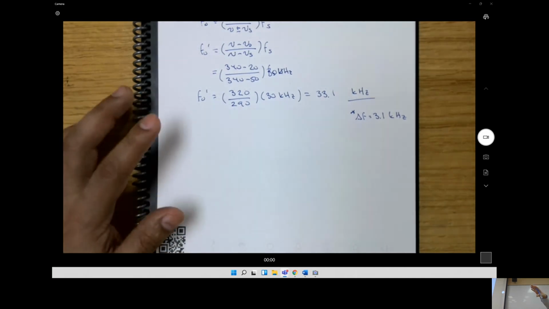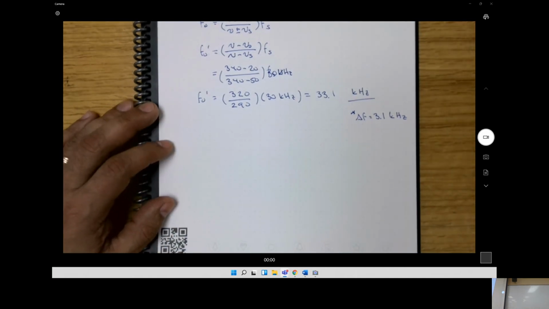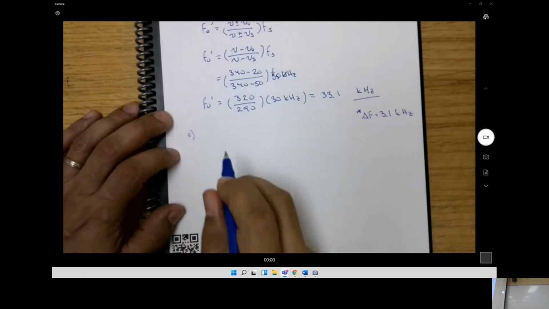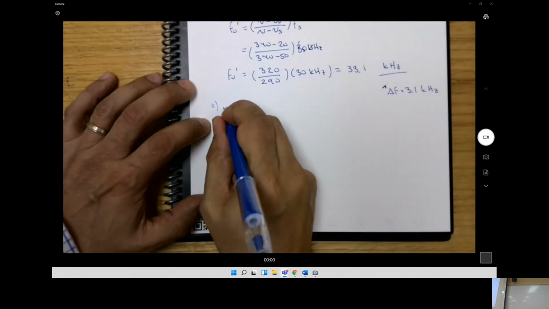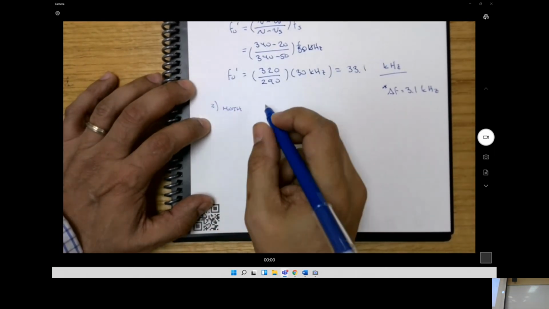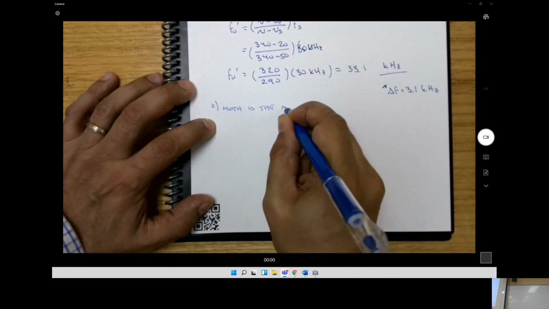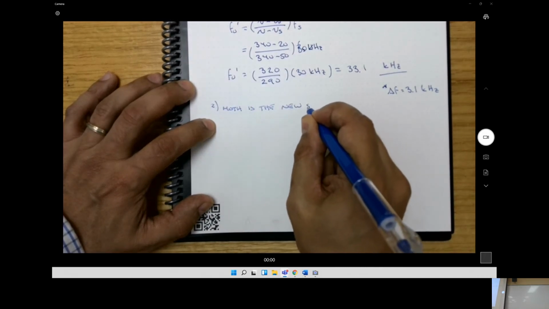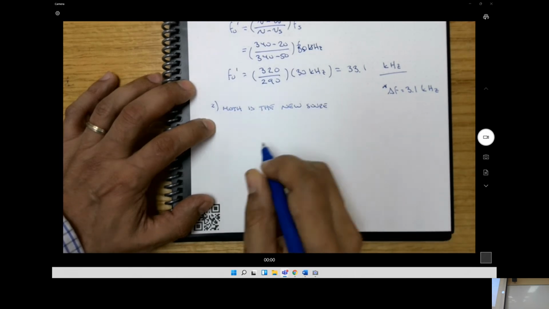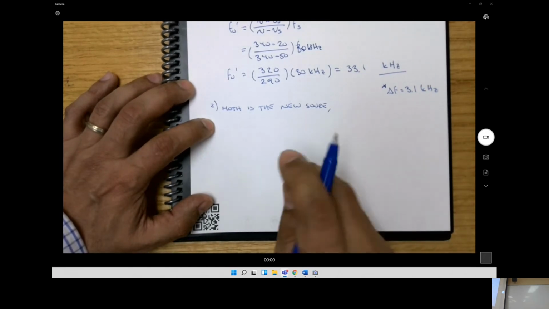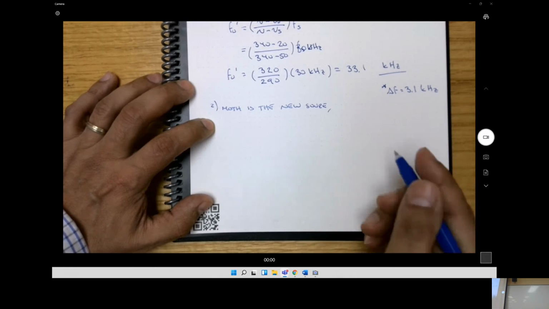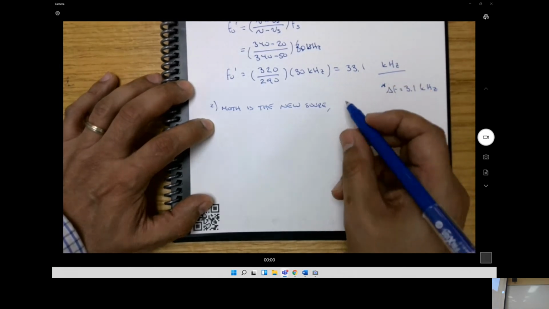So when the sound comes back, when I have that echo, I'm going to assume that the moth is going to be my new source. So now the frequency of the source is going to be F naught prime.